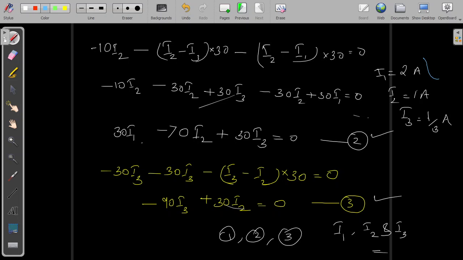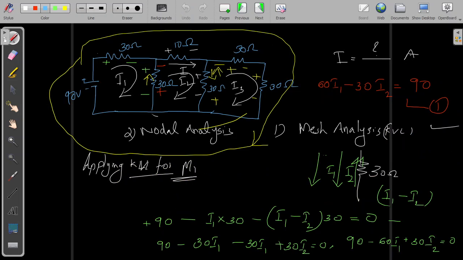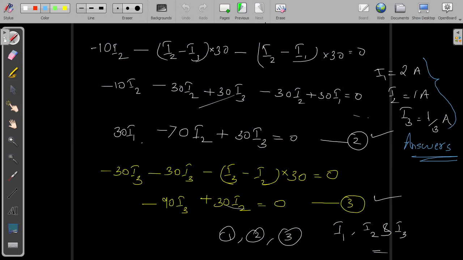Okay, that means I1 is 2 ampere, I2 is 1 ampere, I3 is 1 by 3 ampere.